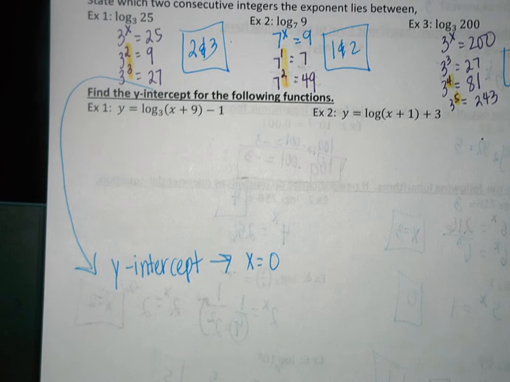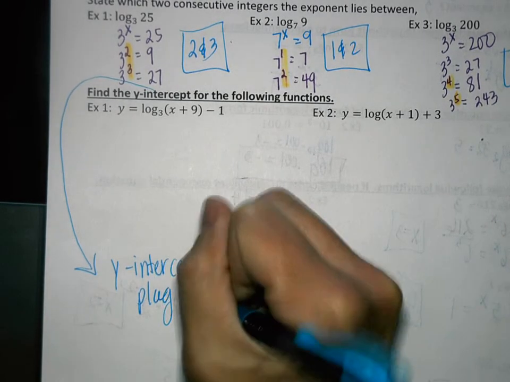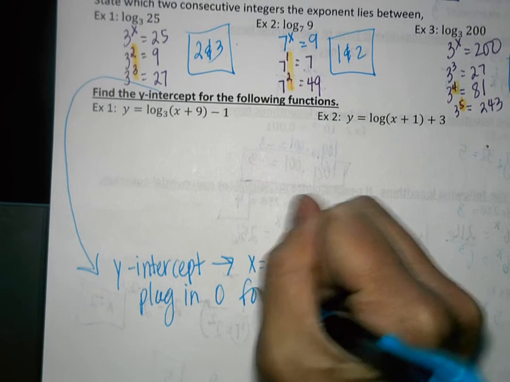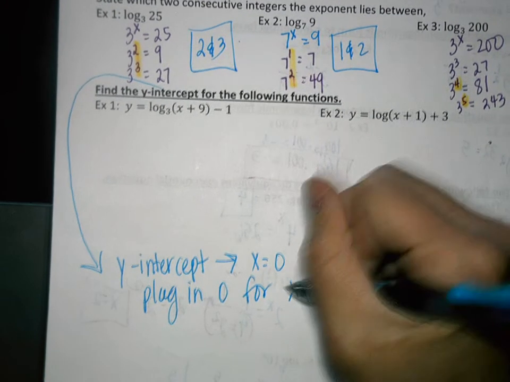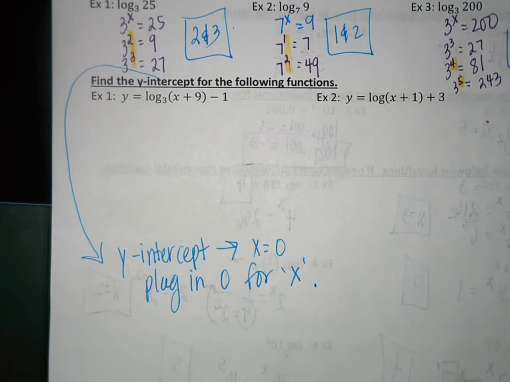So if x equals 0, we find our y-intercept. And that's exactly what we're going to do for these examples. We are going to plug in 0 for x, and then we're going to go ahead and try to solve after we do that.